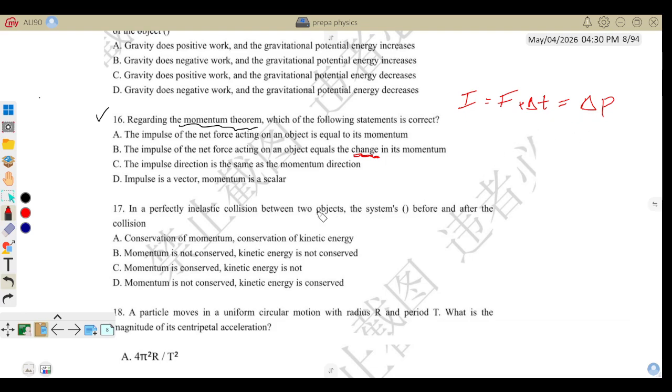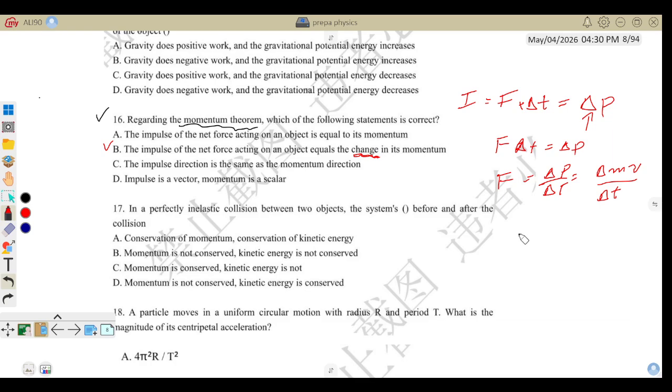So here, if we take A, there wouldn't be any word about the change, but for B we have it's equal to the change. This delta means the change in the momentum. If we take F delta t is delta p, that means F would be delta p over delta t. That means it's equal to delta mv divided by delta t.